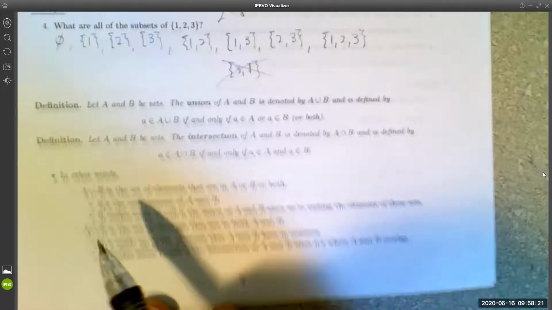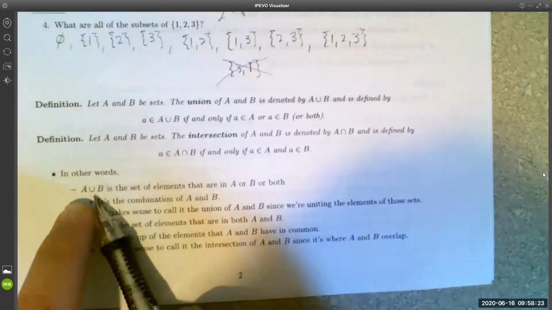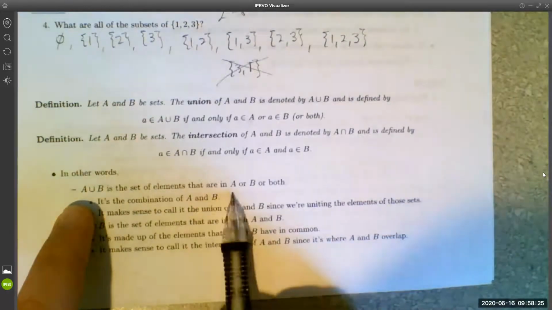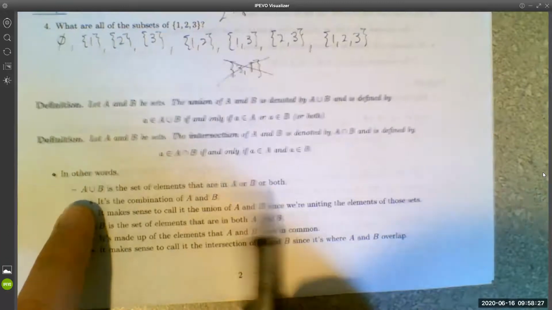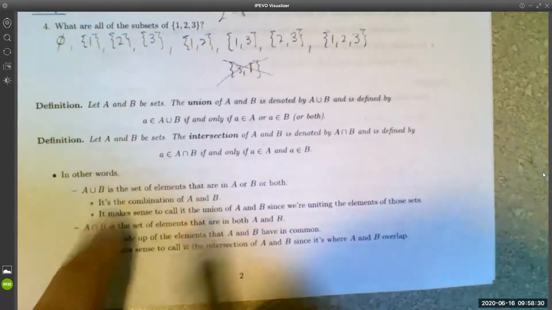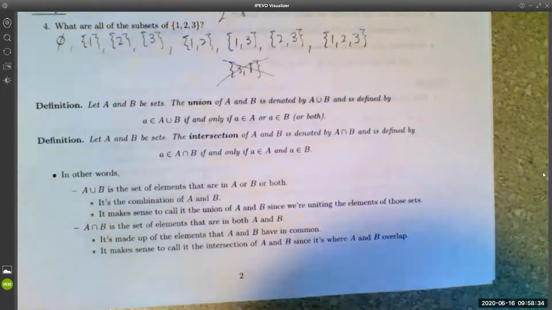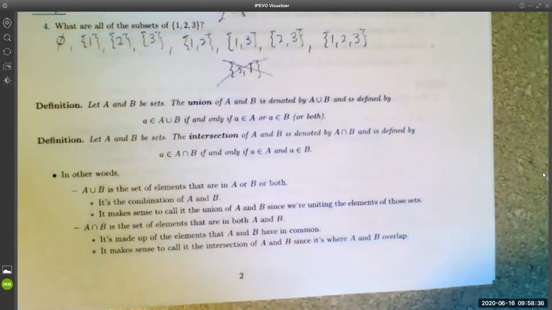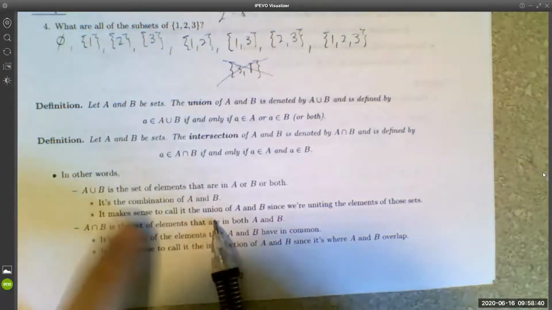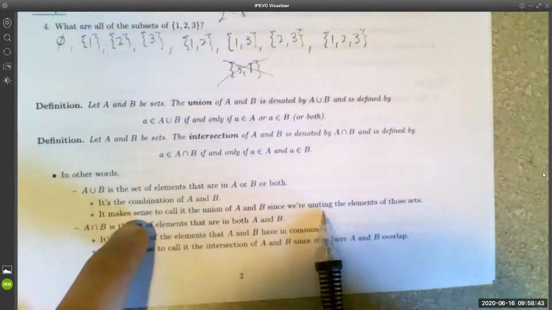So in other words, A union B is the set of elements that are in A or B or both. It's the combination of A and B. Like if you put A and B together and put all of their elements together into one set, that's A union B. It makes sense to call it the union of A and B since we're uniting the elements of those sets, right?